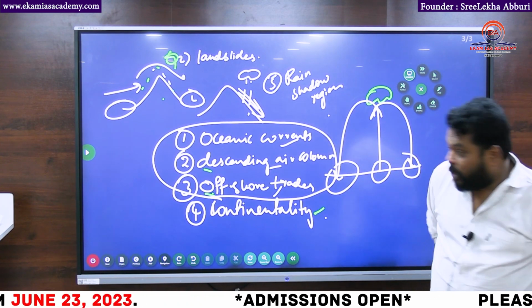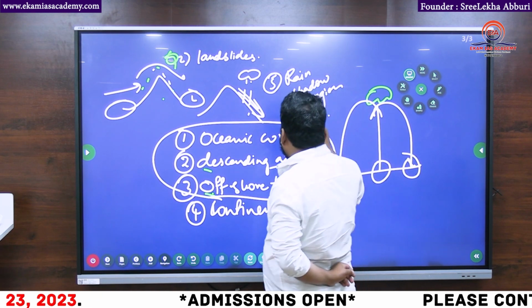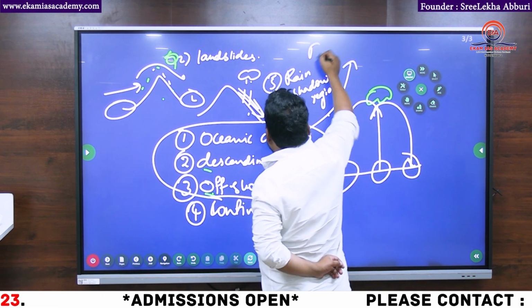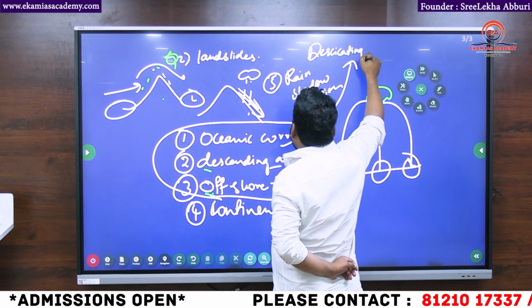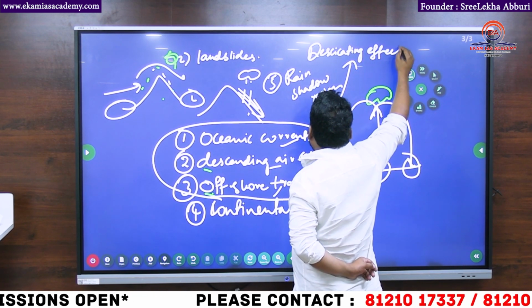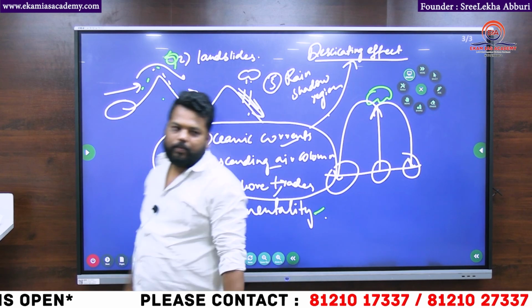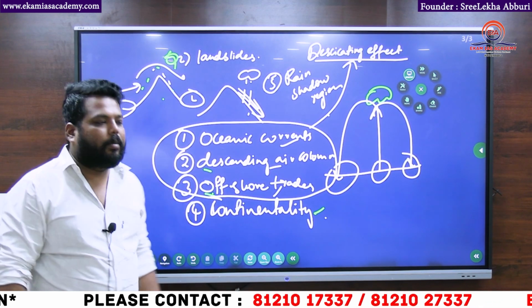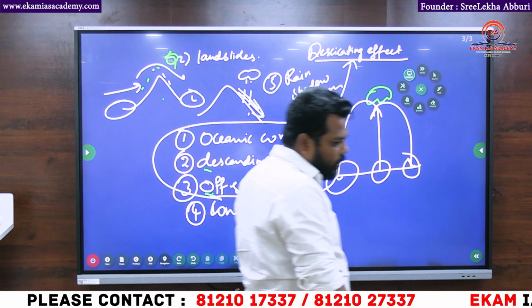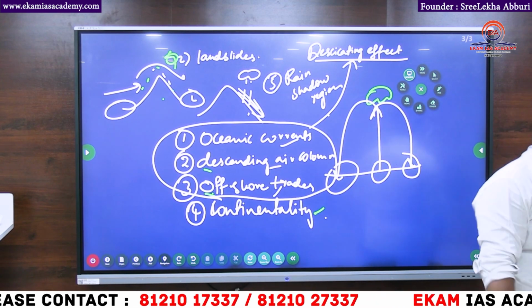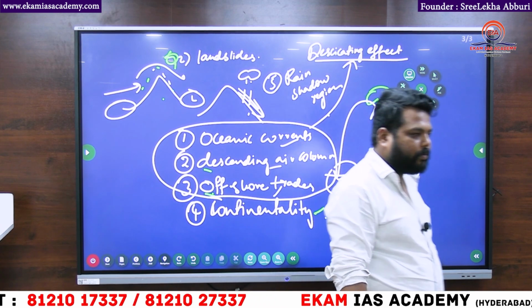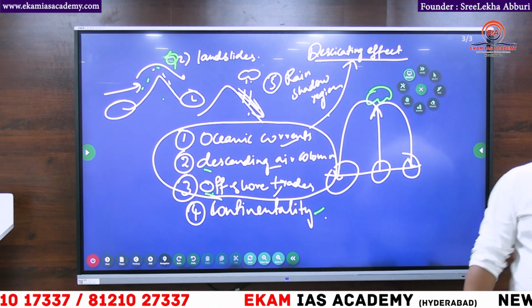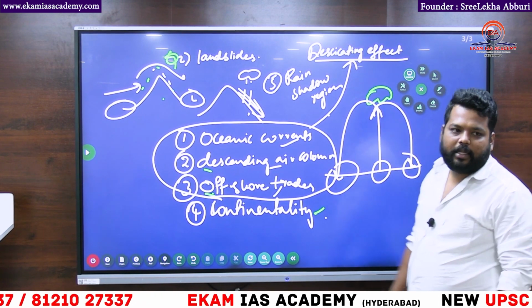Cold oceanic currents would be creating deserts, that is called as desiccating effect. If you want, you can write this keyword also. Whenever cold oceanic current presence is creating desert, that can be called as desiccating effect. Okay. Got this point, everyone? Yes. One is desiccating effect, desert creation.